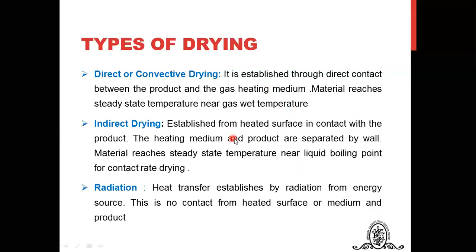In indirect heating, we are not putting the heating medium and the product in contact like direct. They are separated by a wall. Material reaches a steady state temperature near the liquid boiling point for contact tray drying. This type of process is established from the heated surface in contact with the product.